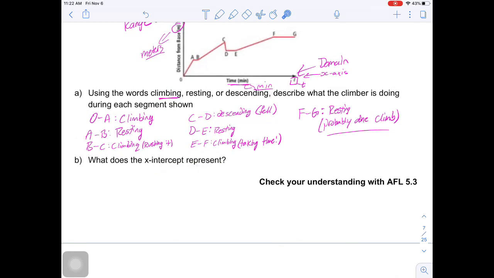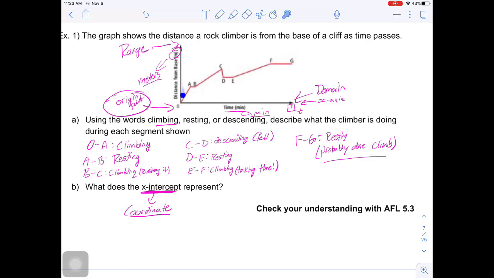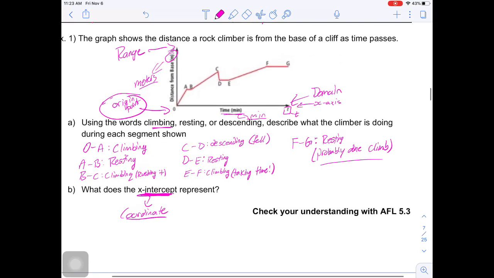Now, what does the x-intercept represent? So where does our graph touch the x-intercept? It actually touches at the origin point, okay? This thing is known as your origin point, okay? And your origin point, if your graph goes through there, that's not only an x-intercept, this is also known as your y-intercept. So if we represent the coordinate point of this thing, well, remember, coordinate points go x and then y, or domain and then range point.